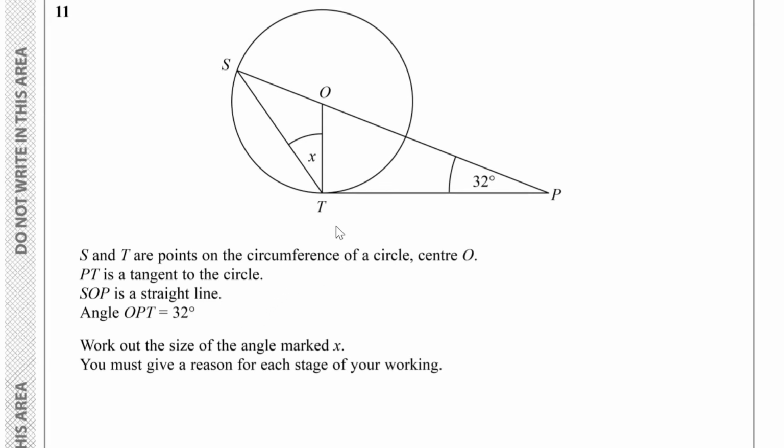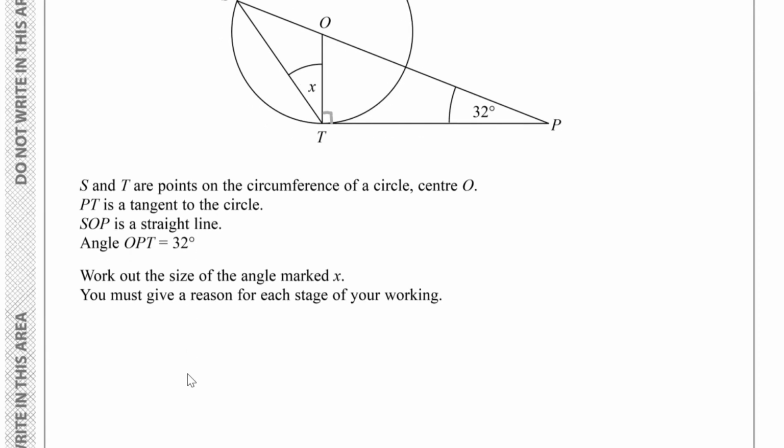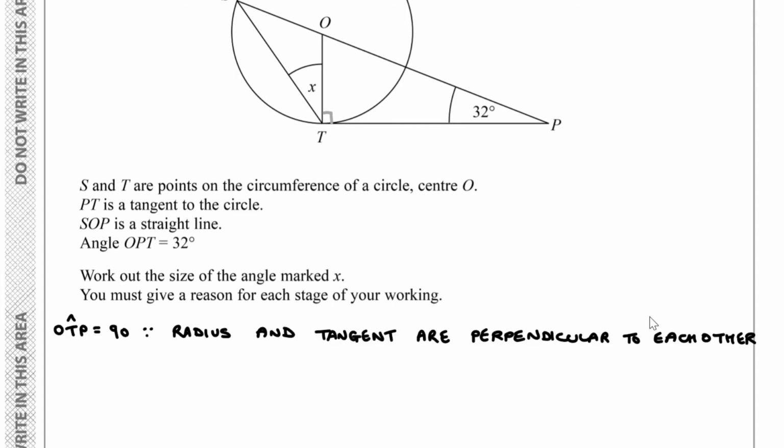First of all, the angle OTP will equal 90 degrees, and that's because the angle between a radius and a tangent is 90 degrees. Let's just write that down. So OTP is equal to 90 degrees, because the radius and the tangent are perpendicular to each other. Now, from this, we can find out the angle POT, recognizing that angles in a triangle add up to 180.